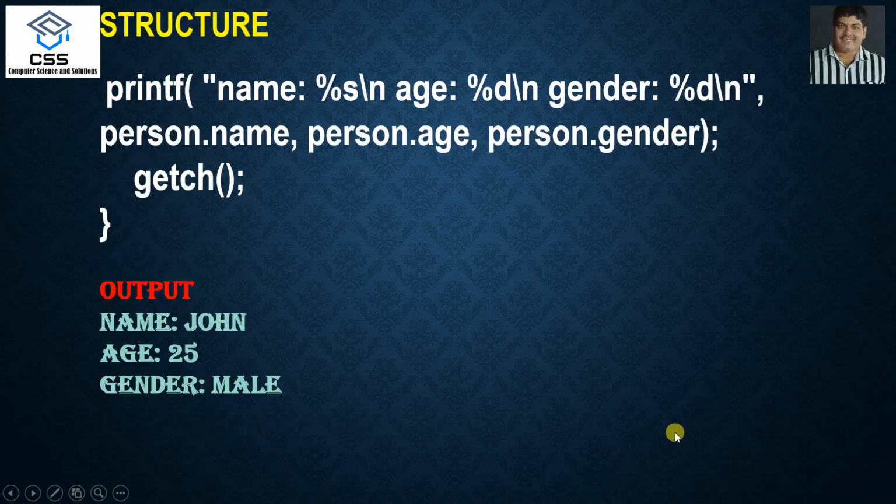If you want to access them, similarly we can access person.name, person.age, person.gender. Why is %s taken? Because it is a string type, a set of characters, and the format string is %s. Why is %d taken? That is for the integer type, age. Why is %d taken again?